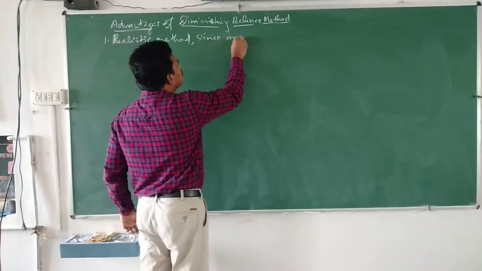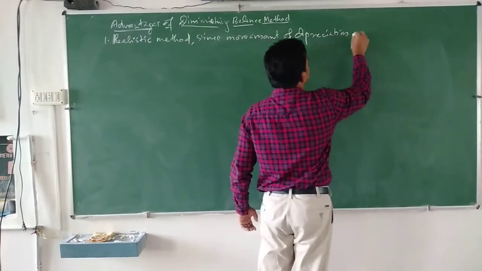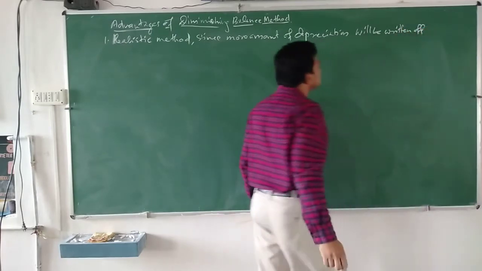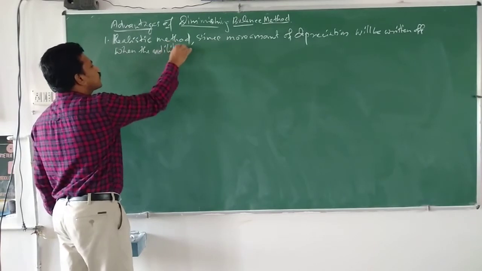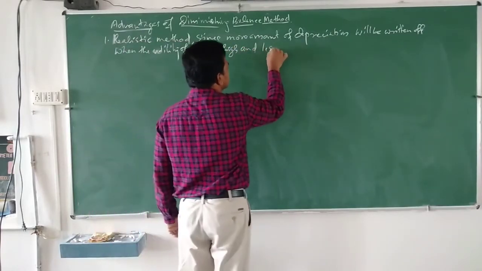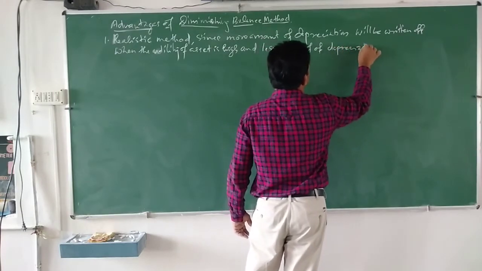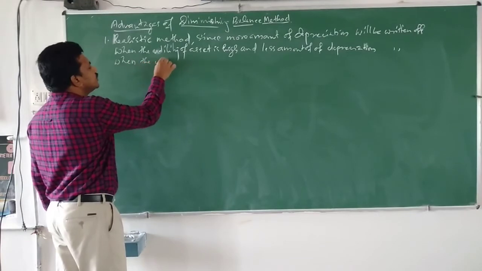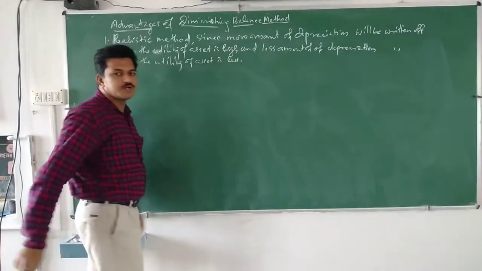Since more amount of depreciation will be written off when the utility of the asset is high, and less amount of depreciation will be written off when the utility of the asset is less. What do you understand from that?